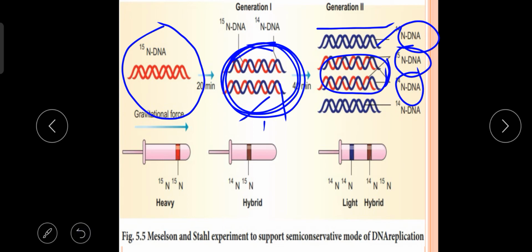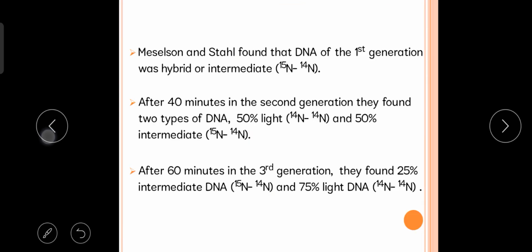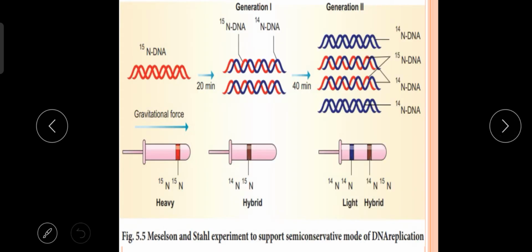This way in the third generation you will get how many? Here see, you will get 25% intermediate and 75% light DNA. That means gradually the number of light DNA, these blue are light, increases.